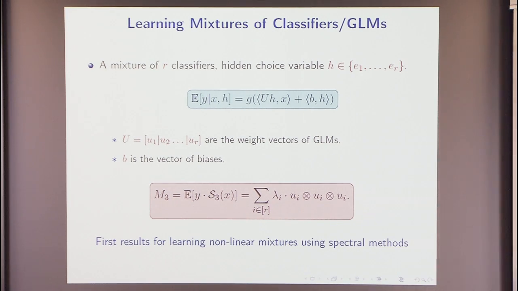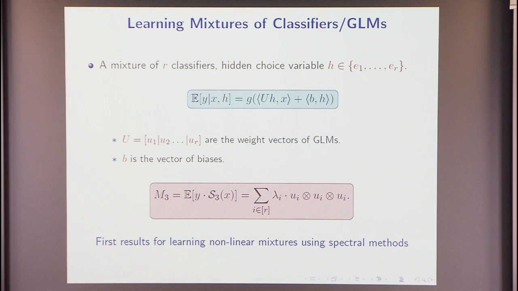This is a third order moment, so we can find a CP decomposition of this tensor. The rank 1 components directly correspond to the weight vectors. So by finding a tensor decomposition, we can consistently learn the weight vectors in a mixture of classifiers model. These are the first results to have guarantees for learning nonlinear mixtures, nonlinear regression mixtures, using the tensor methods.